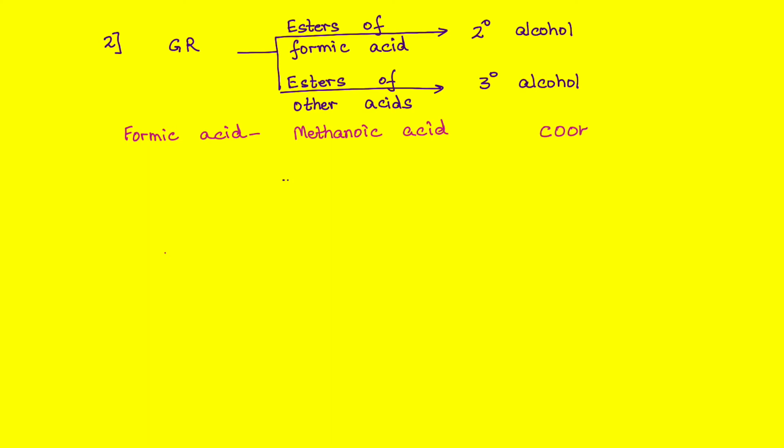Oic acid, that means COOH group, and complete the remaining valency and we have methanoic acid, HCOOH, or formic acid. When we convert an acid to an ester, the acidic hydrogen is replaced by an alkyl group. That alkyl group may be methyl, ethyl, propyl, anything it can be, right? And when we have esters of acids other than formic acid, we will get a 3-degree alcohol.